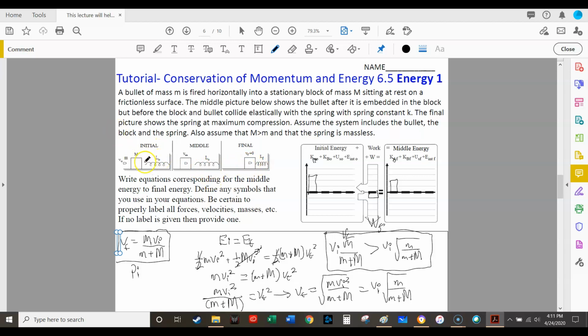So while the initial energy is not equal to the middle energy, the middle energy, being 2 blocks, is going to be equal to the final energy. Actually, it'll be 3 blocks.